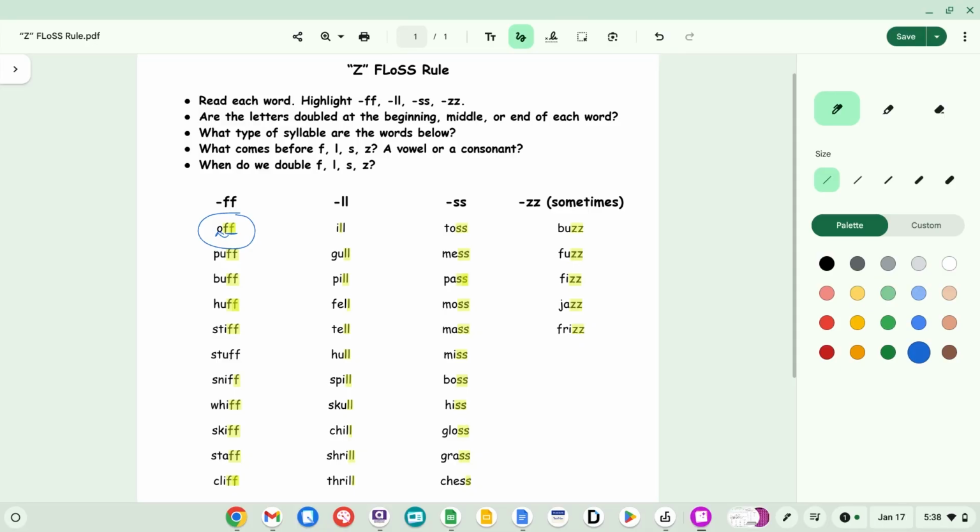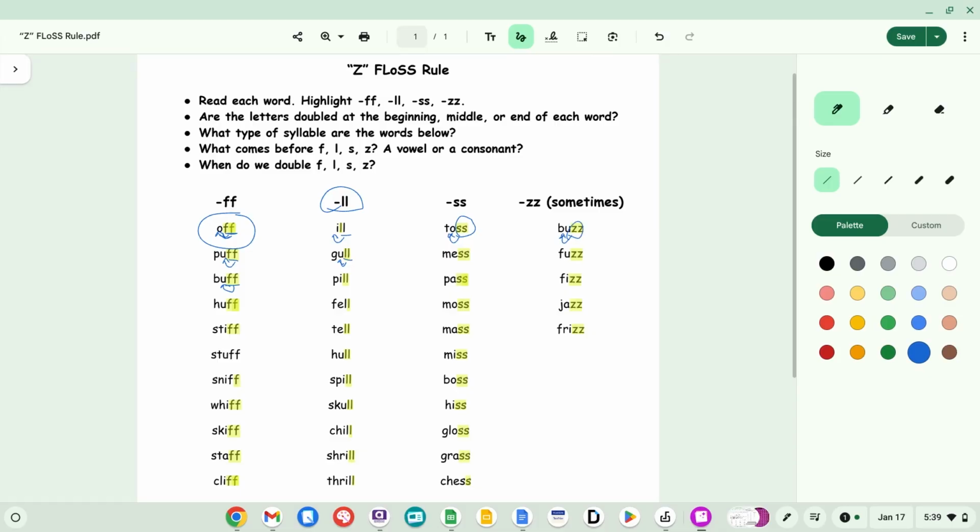So this is a closed syllable, but I want them to really notice that O. With the F, I notice a U. In the double L, I notice an I. Double L, I notice a U. Same with the S's here, I notice that O. And same with the Z, I notice that U.